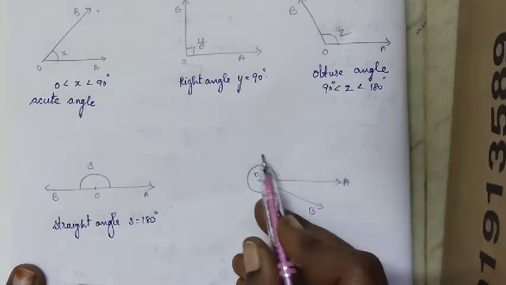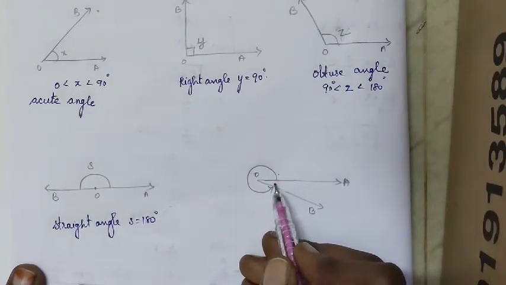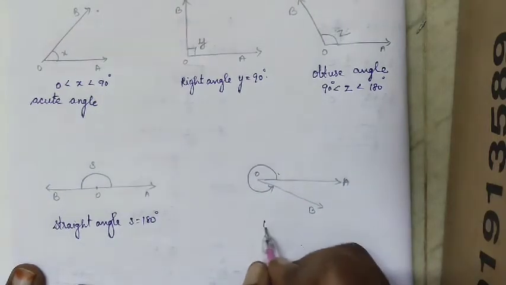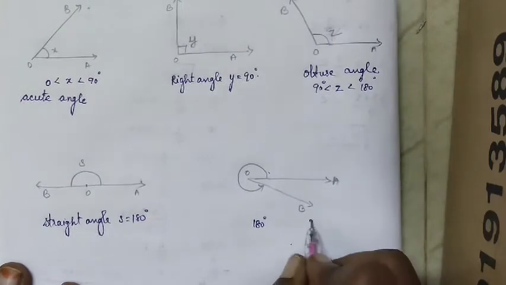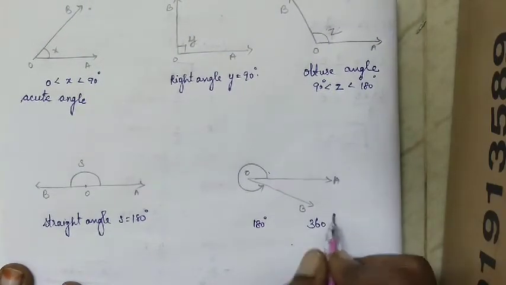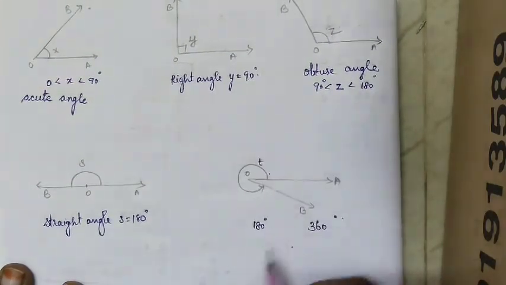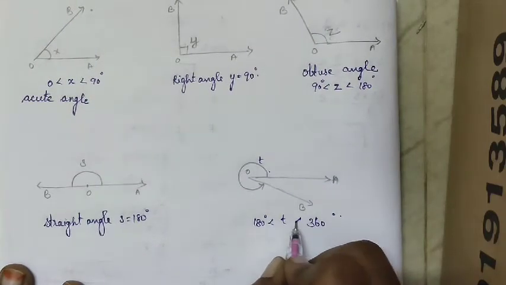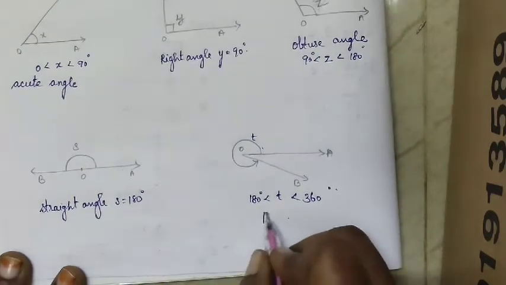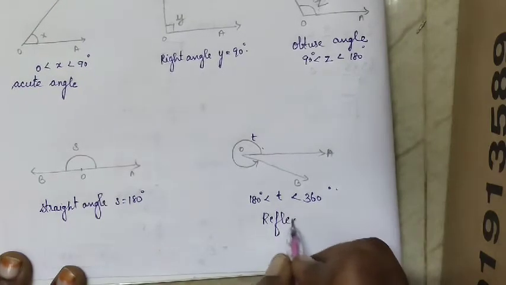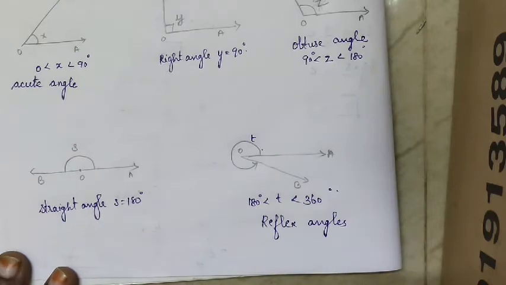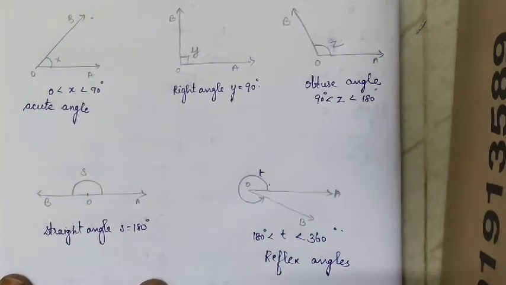Starting from this place and reaching again this same place here, this angle is more than 180 degrees but less than 360 degrees. Let us take this angle as T. So T is in between 180 degrees and 360 degrees, and the name for this angle is a reflex angle. All these things we have studied in the previous classes itself.